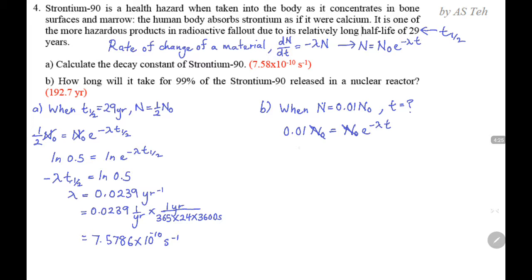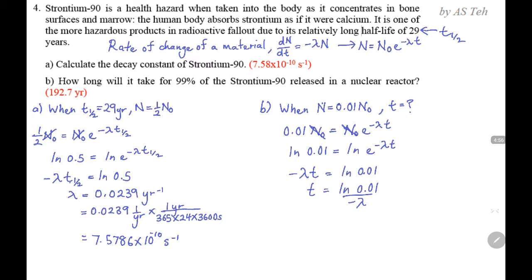Cancel N naught, so ln 0.01 equals ln e negative lambda t. So negative lambda t equals ln 0.01, so t equals ln 0.01 over negative lambda.